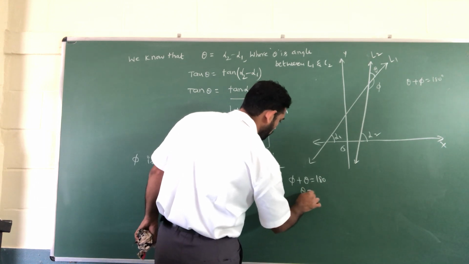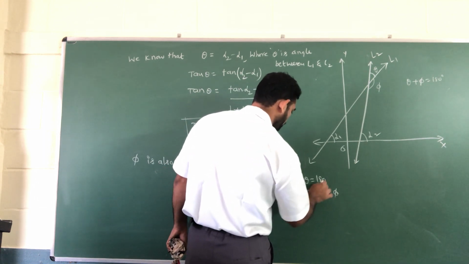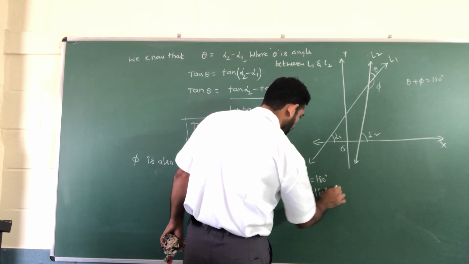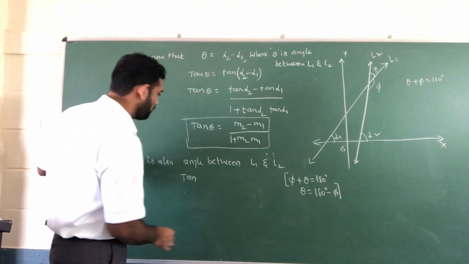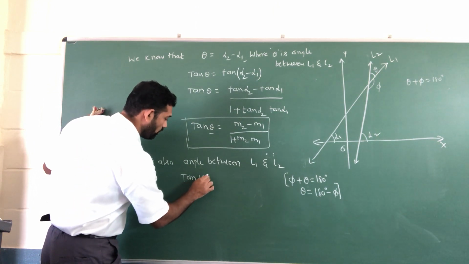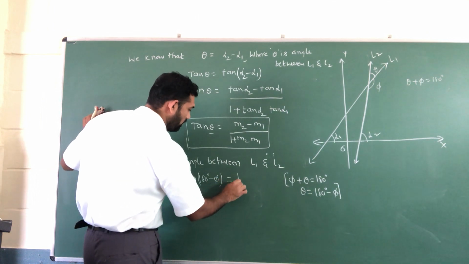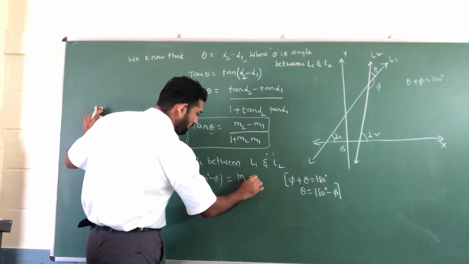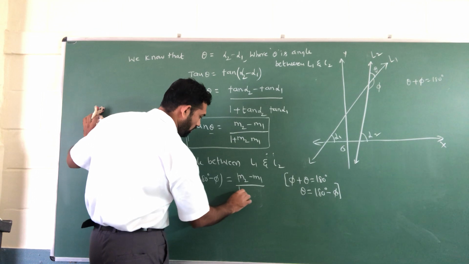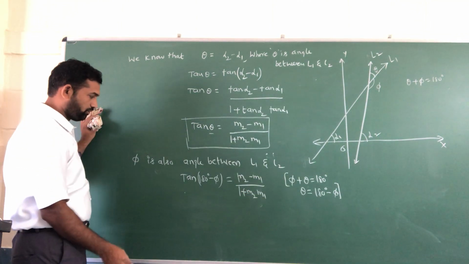So theta is equal to 180 degrees minus phi. So tan of 180 degrees minus phi is equal to m2 minus m1 divided by 1 plus m1 m2.